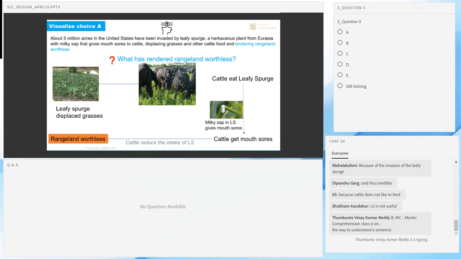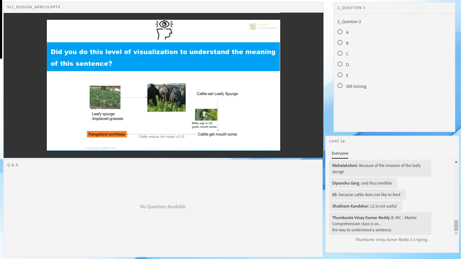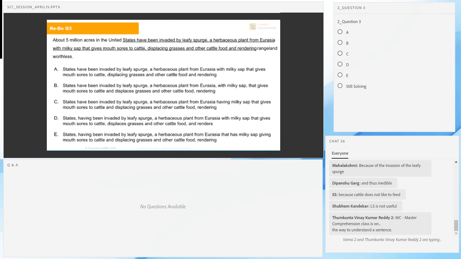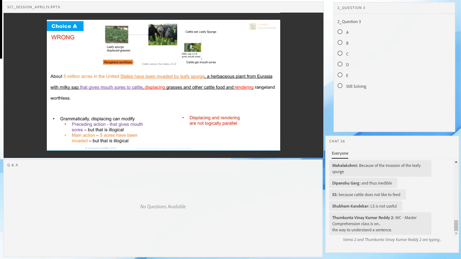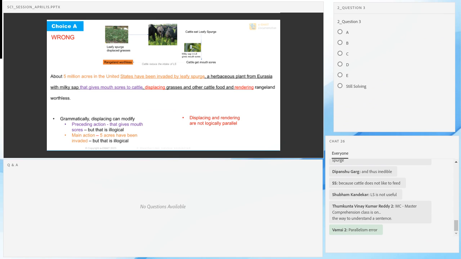Now when you get to the answer, you figure out, okay, what was wrong with the original choice, with this level of understanding. And then you take that information to the individual answer choices. Okay, so let's look at choice A. Why is choice A wrong? And believe me, when you were reading choice A, you were not reading it with an intent to find errors. You were reading choice A with the intent to understand everything.